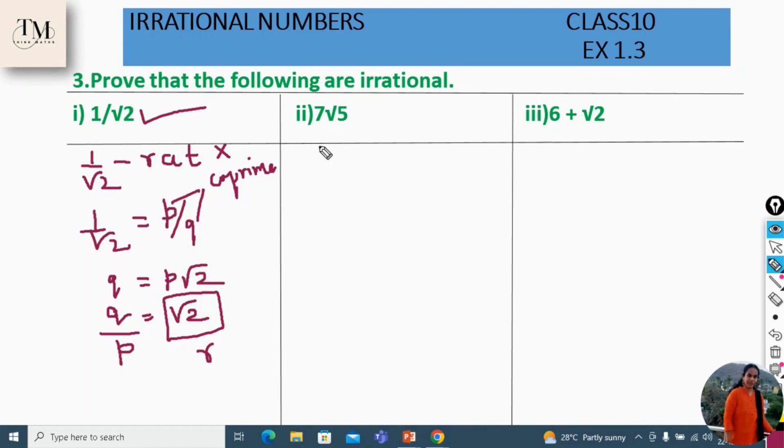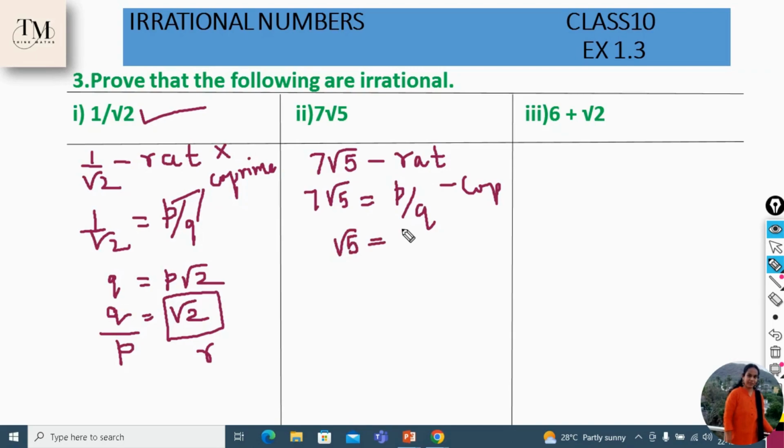So next problem, 7 root 5. In the same way, you have to assume 7 root 5 is rational. Then 7 root 5 will be equal to P by Q, where P and Q are co-prime. Okay. So root 5 will be equal to P divided by, this 7 will come to the denominator, P by 7Q.